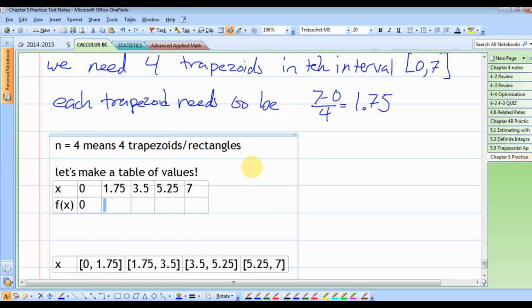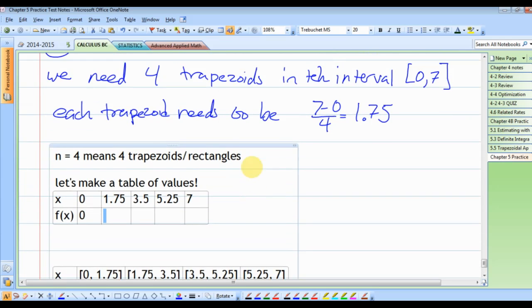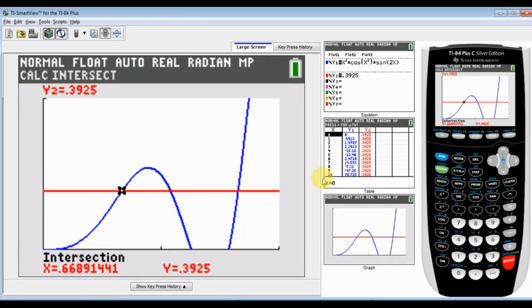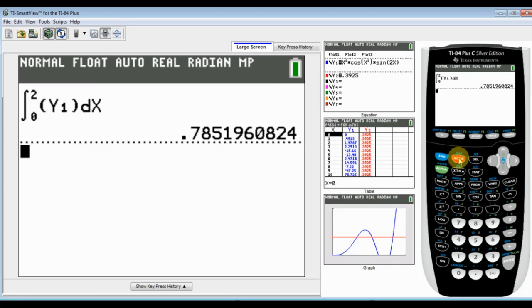What is f of 1.75? Oh, you know what? Let's just do this on our calculator. We're going to make a table of values on our calculator, then we're going to transfer them to paper. So sorry, I forgot that we could do this.